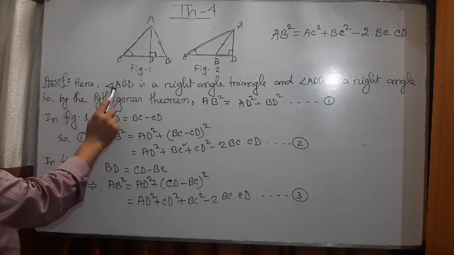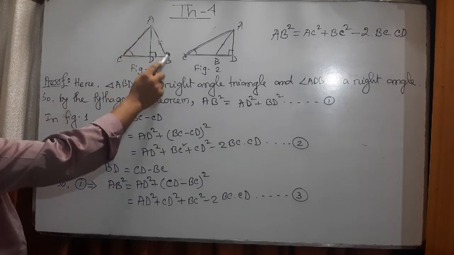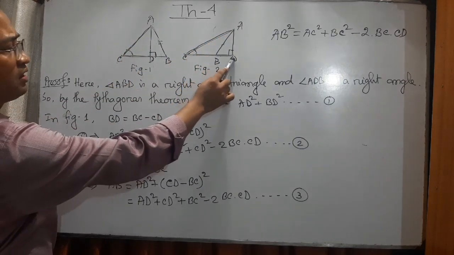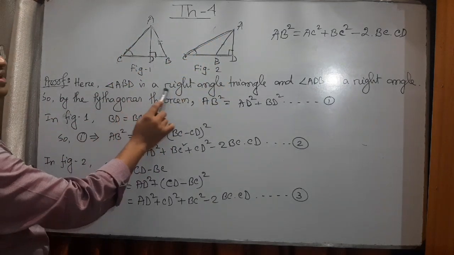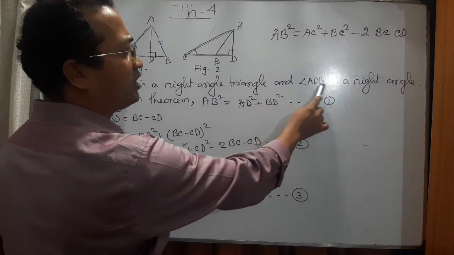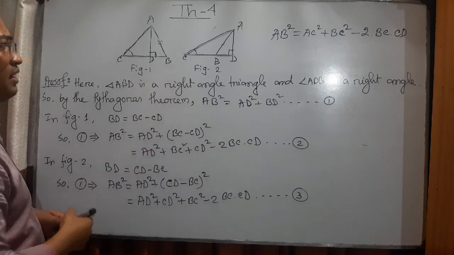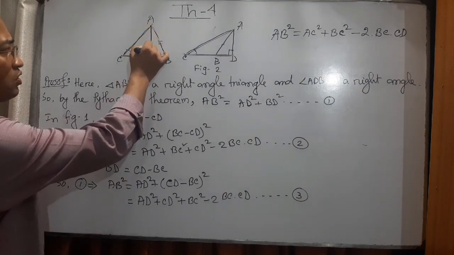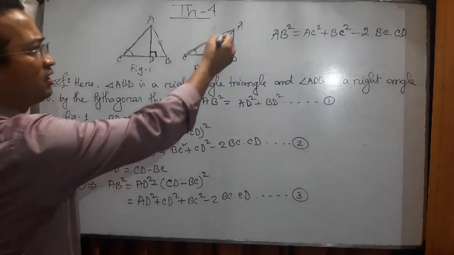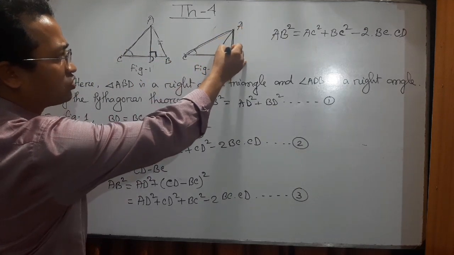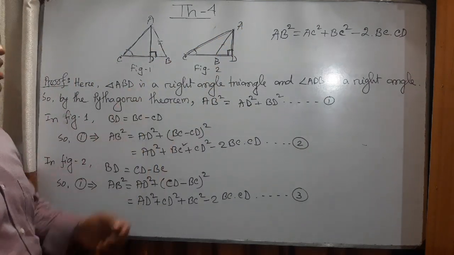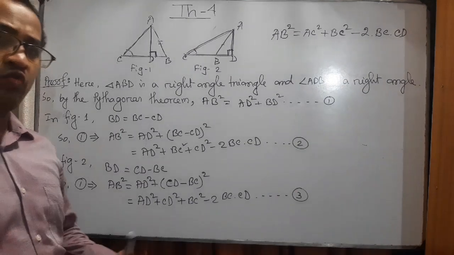Look here, triangle ABD, for both figures. ABD is a right angle triangle and ADB is a right angle, because this is a perpendicular. So these are right angle triangles.